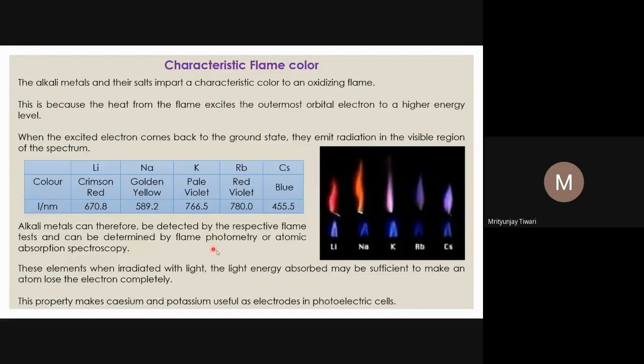That is not in your syllabus, but if this name is there in your book, you can remember it. Atomic absorption spectroscopy means you provide certain energy and electrons will absorb it, go to an excited state, and come back.